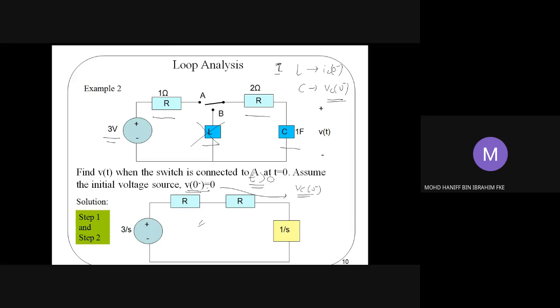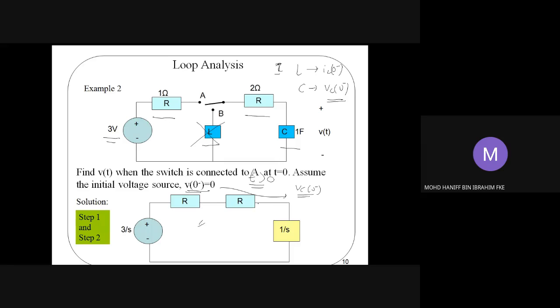As what we have learned previously from the slides, for the capacitor C in the time domain, the transformation into the S domain will be 1 over sC, in series with the voltage source. Because the voltage source here is 0, there should be no voltage source involved in the capacitor's component. The resistors remain 1 ohm and 2 ohm, with no changes for the resistance values, and the voltage source of 3 volt is now 3 over s.